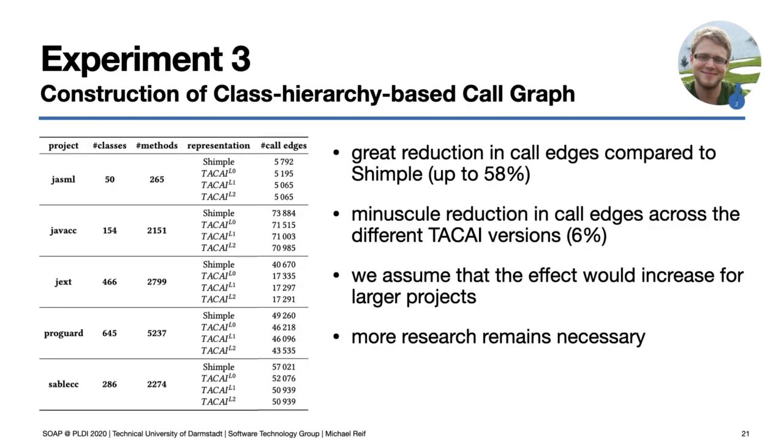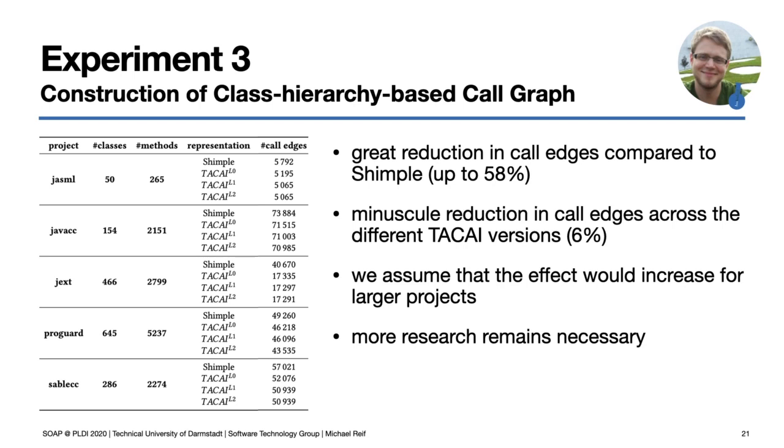In our last experiment, experiment 3, we constructed a simple class hierarchy based call graph, and we wanted to figure out how TACAI improves over Jimple. And in general, we see that we have a great reduction in call graph edges compared to Jimple, even though we couldn't improve that many call sites. But when we could, we had obviously way more precise information.